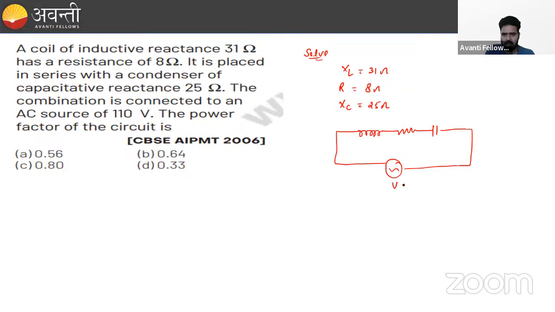So here the voltage is given. We know the fluctuating voltage is always given in this manner, right? In this question, the power factor is asked. So we have to think, what is the power factor?